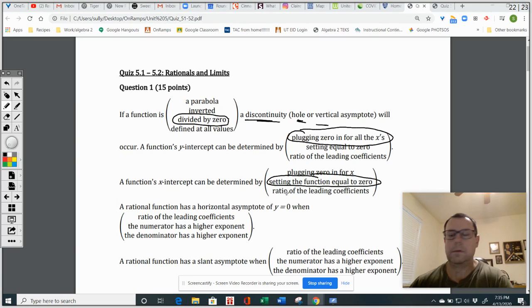And a rational function has a horizontal asymptote of y equals zero. So we're talking about the degree of the numerator and the degree of the denominator. And so the denominator has to have a higher degree.